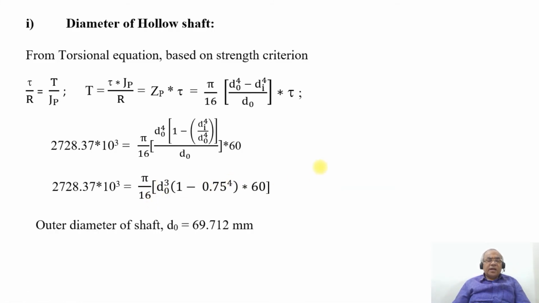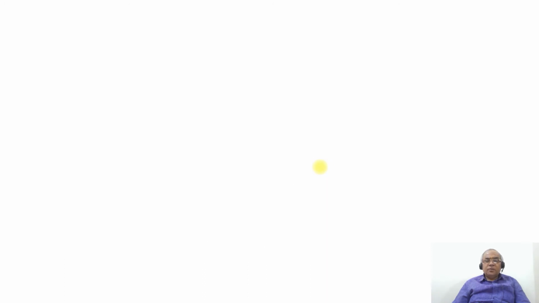Therefore, the outer diameter of the shaft, d naught, is 69.712, which has been calculated. Therefore, the inner diameter of the shaft, di, will be equal to 0.75 into 69.712, which will be equal to 52.284 mm.